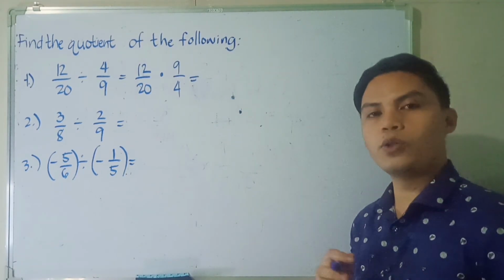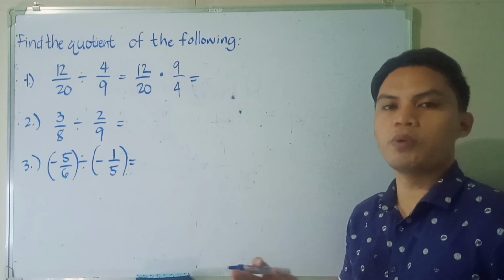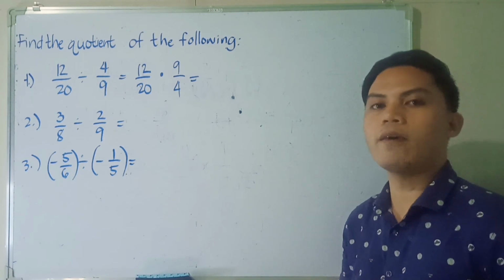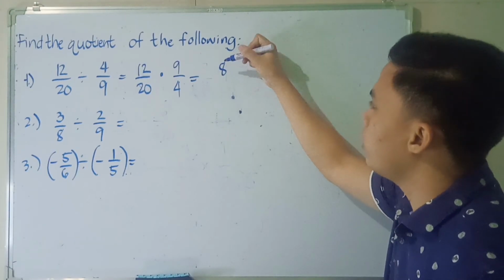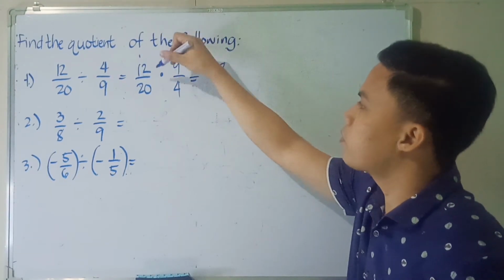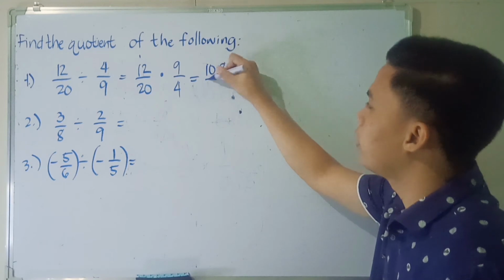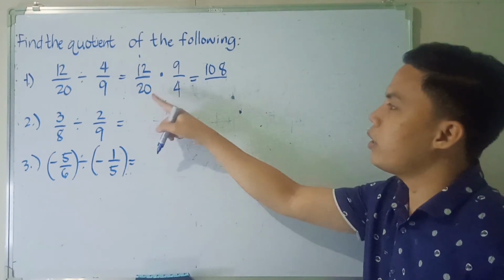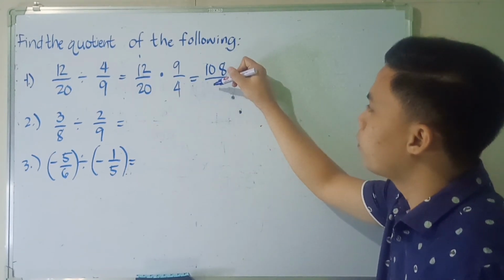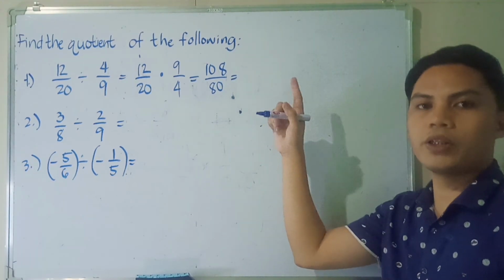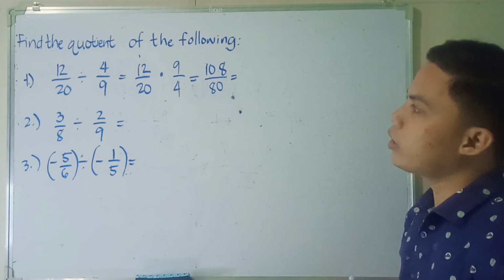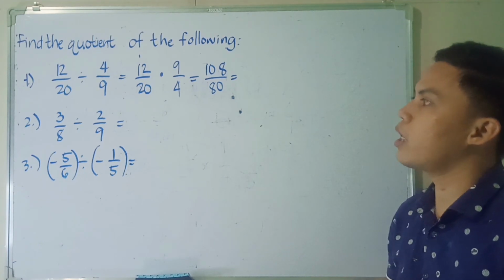Then, follow natin yung rules ng multiplication. Numerator times numerator, denominator times denominator. So, 12 times 9, that would be equal to 108. And 20 times 4, that is equal to 80. Can simplify further the two numbers. So, ano yung pwedeng nating ma-divide kay 108 at saka kay 80?